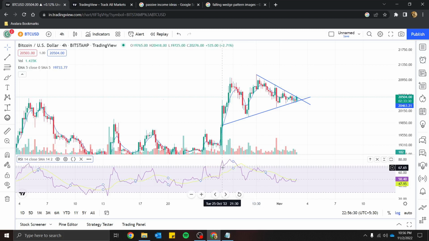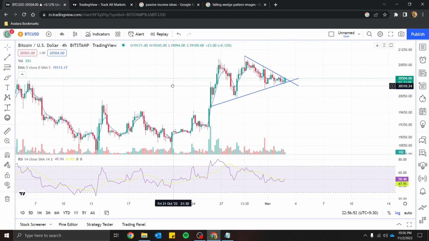Overbought range means the buyers have been exhausted, and a reversal may come soon in the downward direction. And if the RSI value is below 30, the market is in the oversold range, and soon the market is going to reverse in the upward direction.